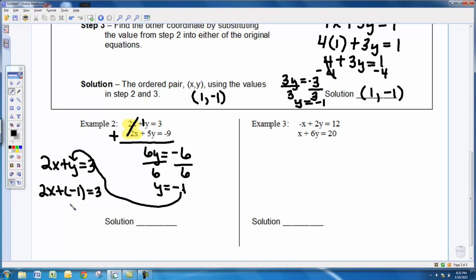To solve for x, we first have to add 1 to both sides. That gives us 2x equals 4. Now we need to divide both sides by 2. And the answer is x equals 2. We now write our solution as an ordered pair, 2, negative 1.